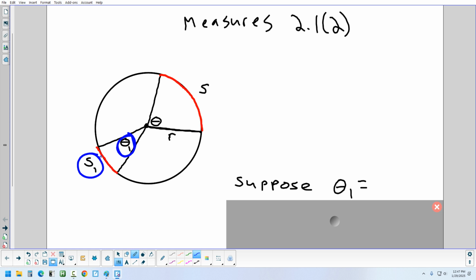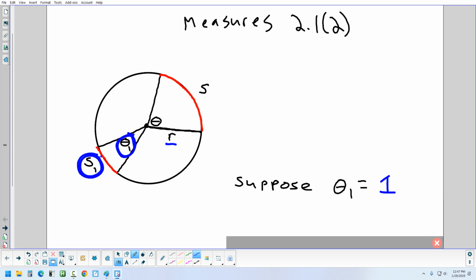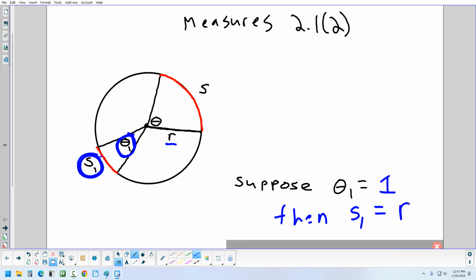The radius. This and this will come out the same if that is how big? Not 2. Isn't it 1? 1, yes. If that angle is 1 radian, then the arc will automatically equal the radius.